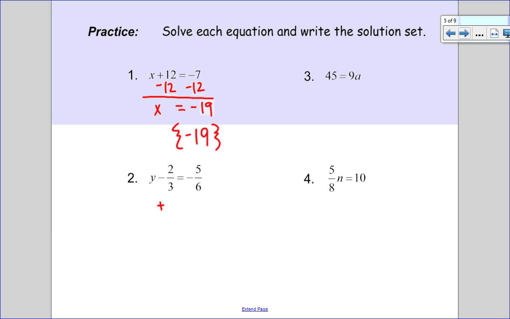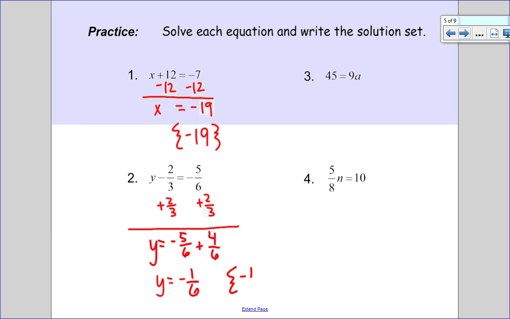Number 2, we add 2 over 3 to both sides, resulting in y equals -5 over 6 plus, using common denominators, 4 over 6, and we see that our solution will be -1 over 6. For number 3, we divide by 9 on both sides.